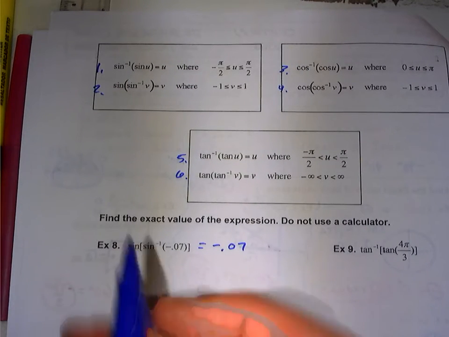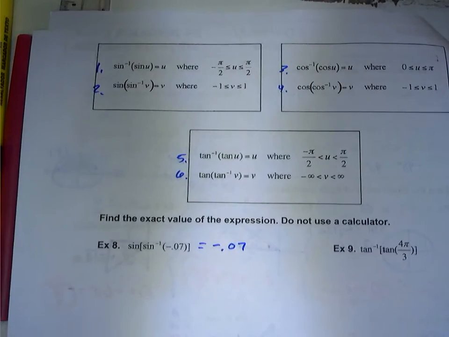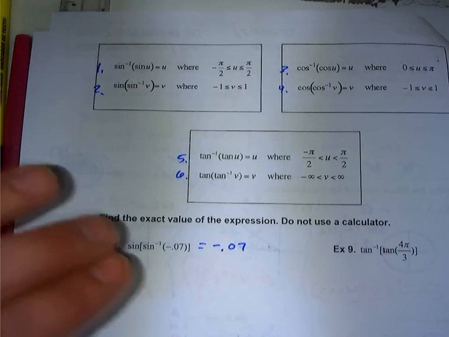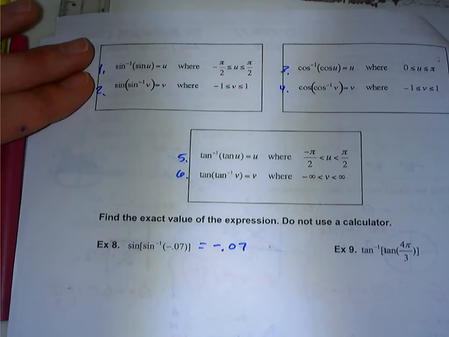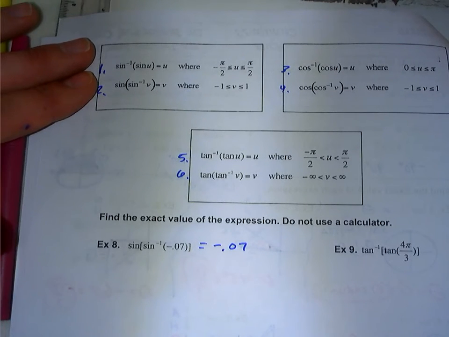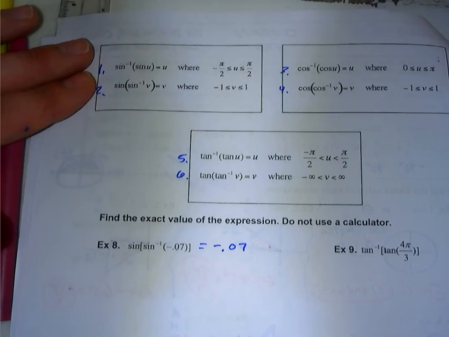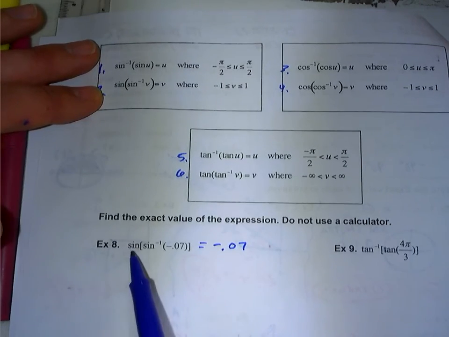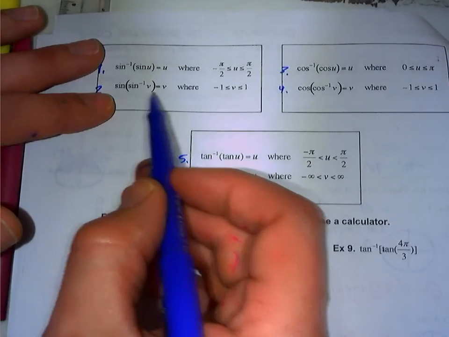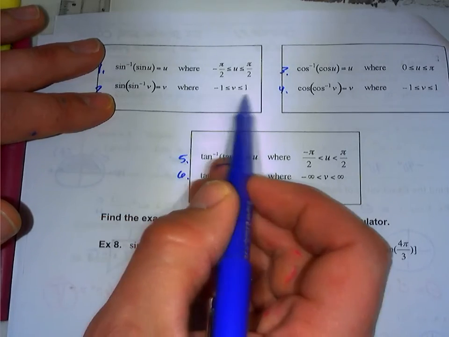What we have to do is identify which one it looks like up here. Because it's all sines, I know it's either 1 or 2. Which one does it look like? Number 2, regular sine, inverse sine. Regular sine, inverse sine is v only if v is between negative 1 and 1.